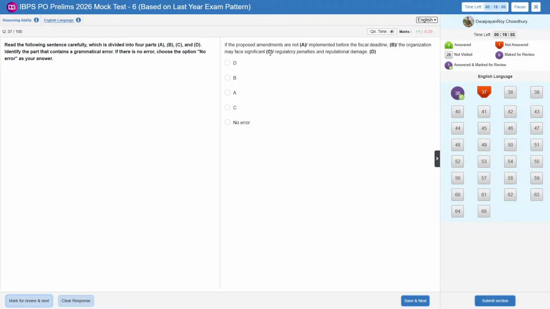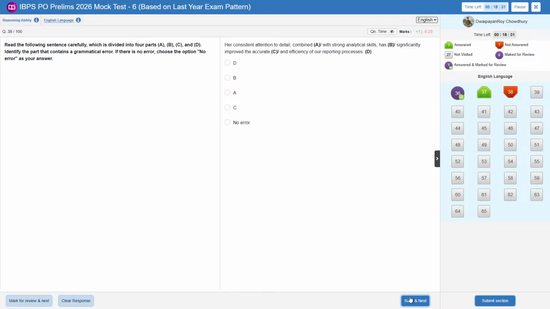If the proposed amendments are not implemented before the fiscal deadline, the organization may face significant regulatory penalties and reputational damage.